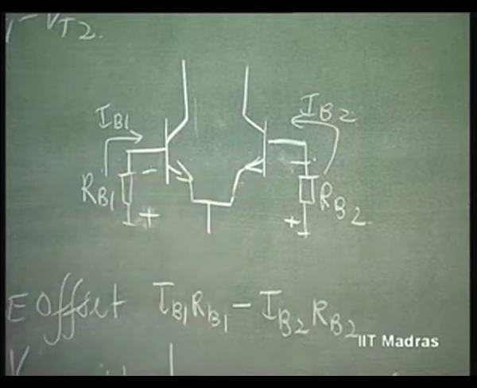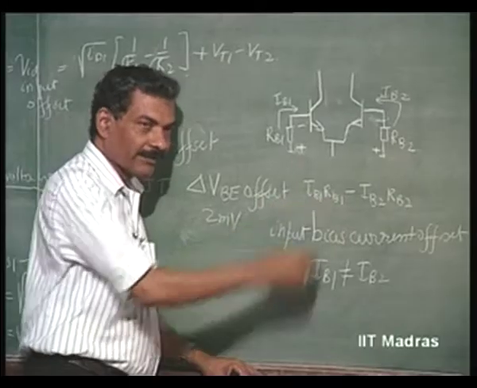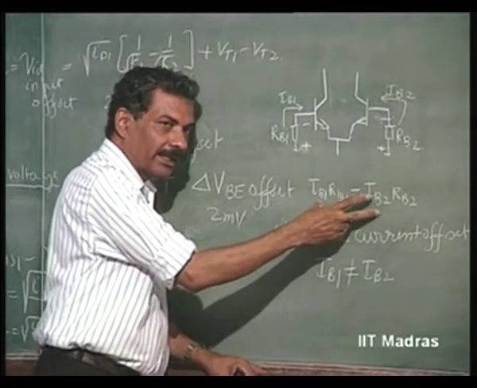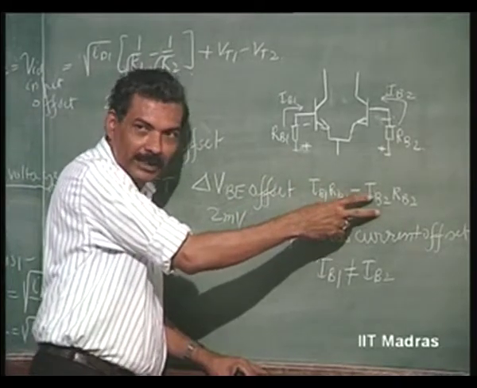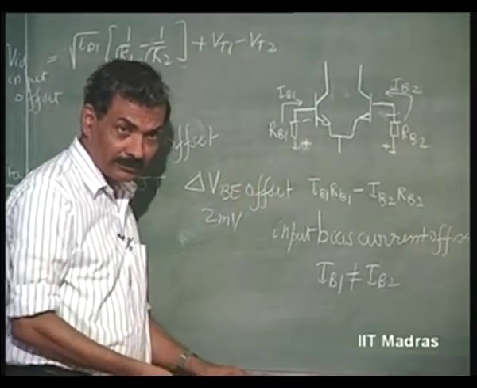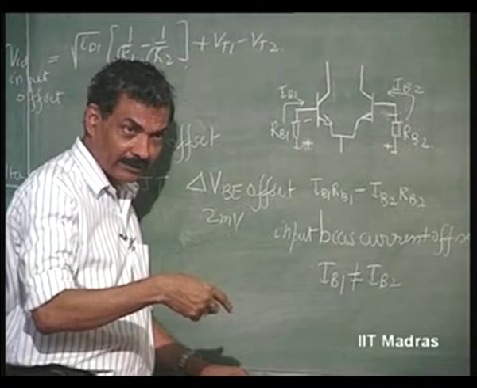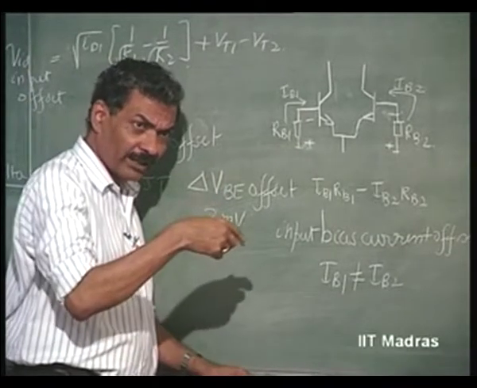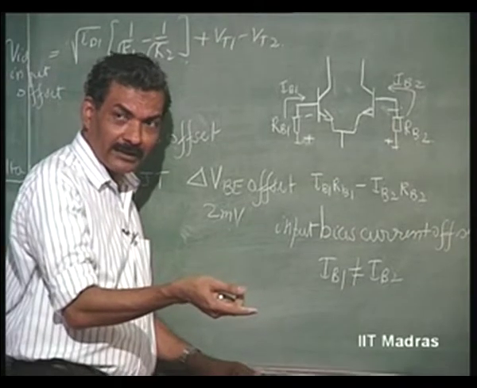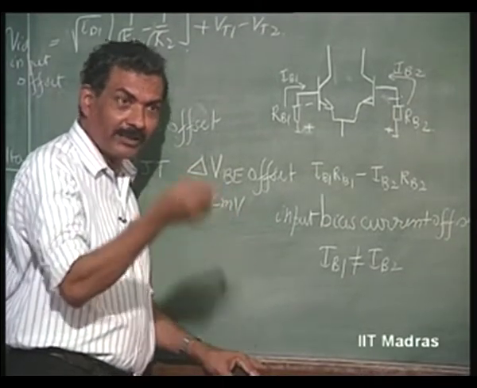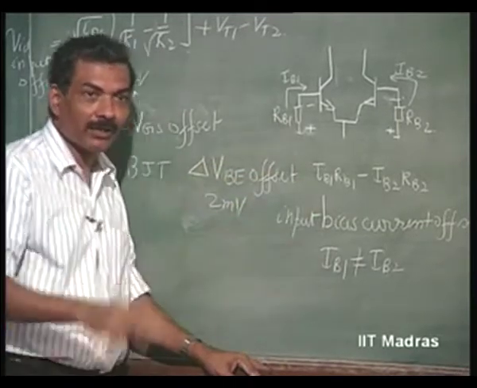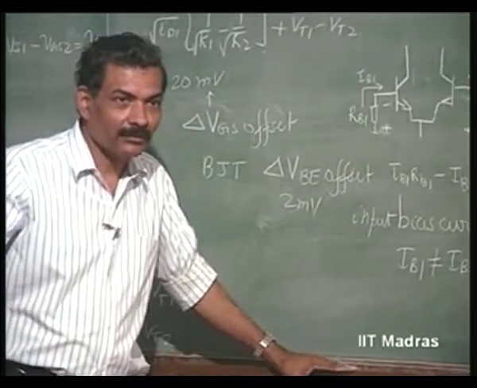The bias current flowing through the different base resistances will create an offset, and this is an important design requirement. If you are worried about bias current flowing through resistors, this bias current may be very low, depending upon the value of beta. It will become still lower when we use a Darlington pair. So, using a Darlington pair or using a MOSFET or JFET will make this bias current offset progressively come down.